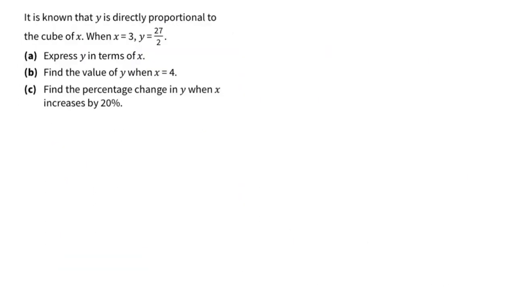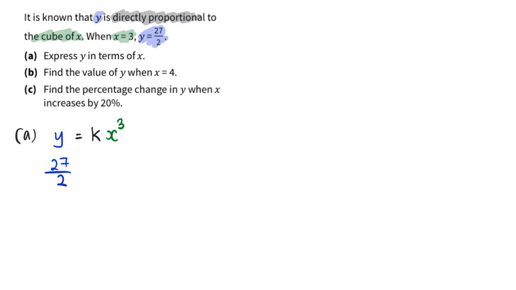Everyone, welcome to this question where we are given direct proportion of y and cube of x. Cube of x is x power 3, so that means for part A, I will then be able to apply the general formula for direct proportion. So y is equals to k times x cubed. And since they give us the value of y and x here, it allows us to find the value of k.